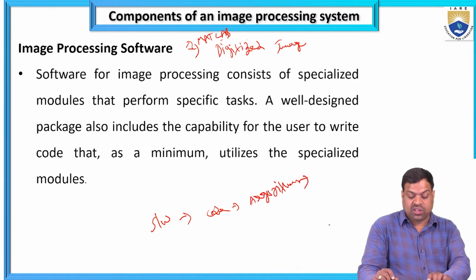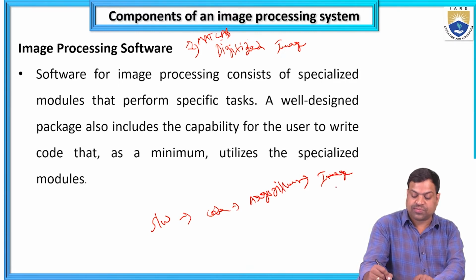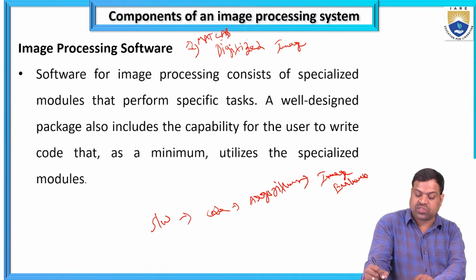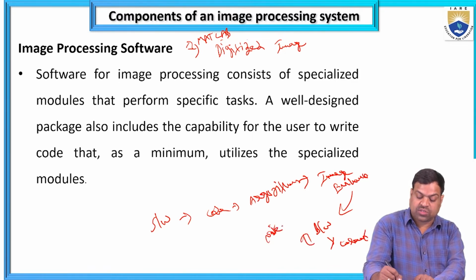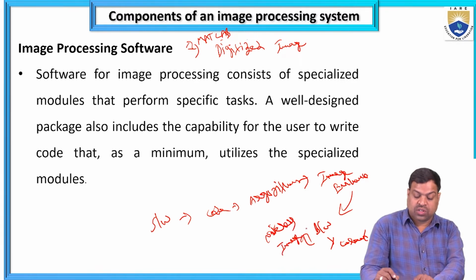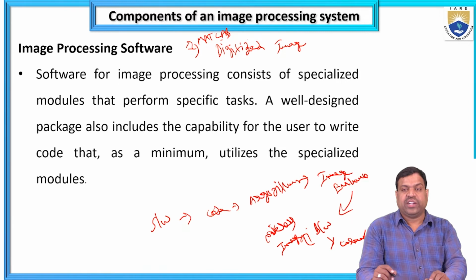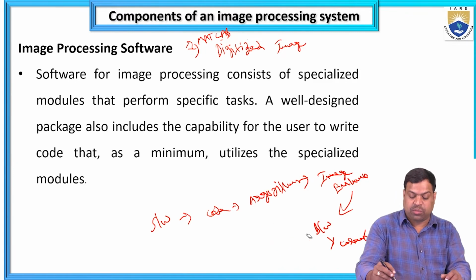What code and algorithm do we need for the image enhancement process? Suppose I have to convert a black and white image to color, or get a noiseless image. Software is helpful for converting from black and white to a color image or a noiseless image, or whatever it may be.